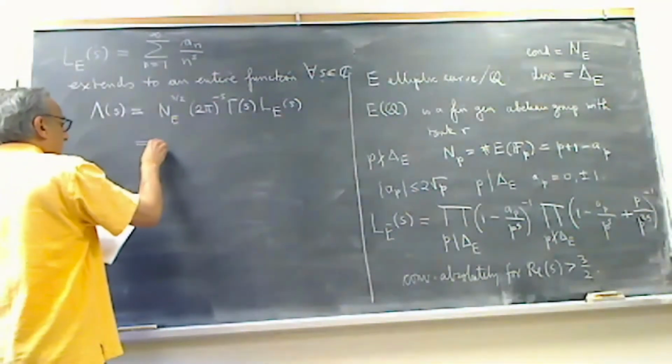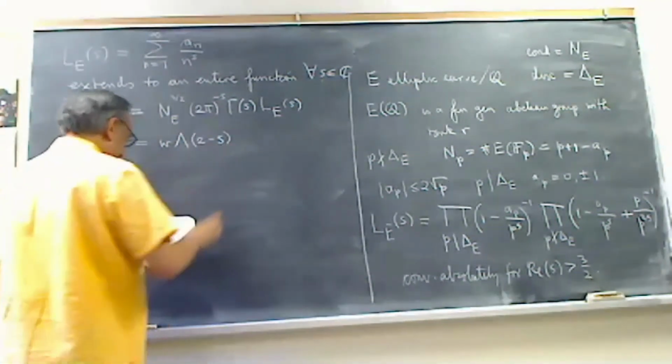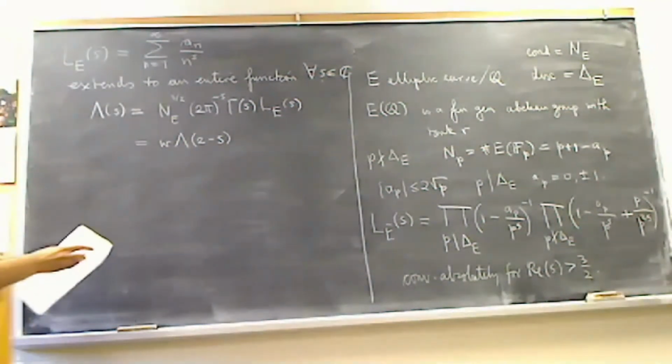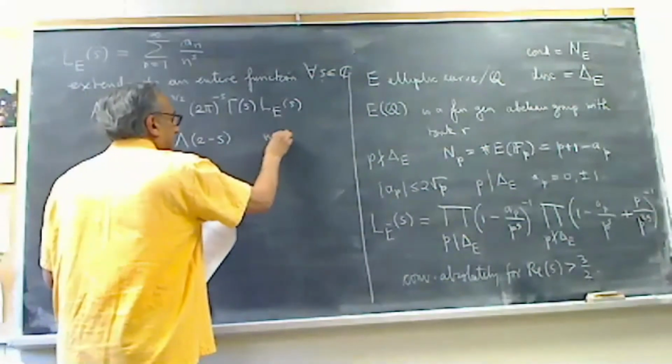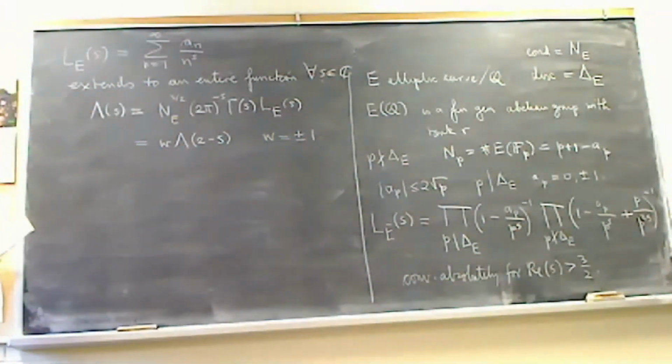The functional equation is lambda of 2 minus s equals W times lambda of s, where W could be plus or minus 1. So this is a beautiful theorem, the modularity conjecture, proved by Wiles and company.